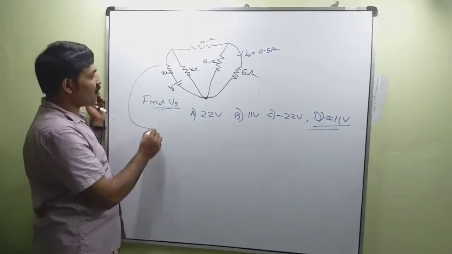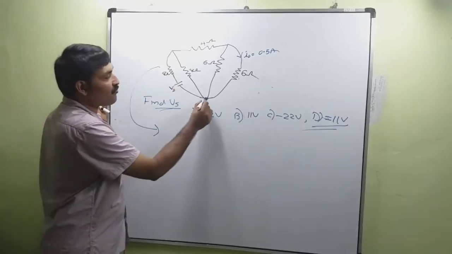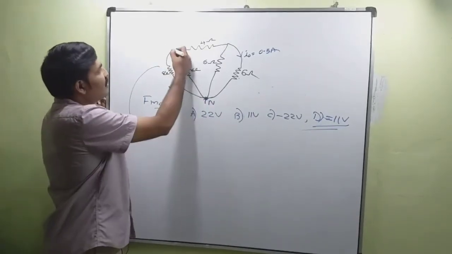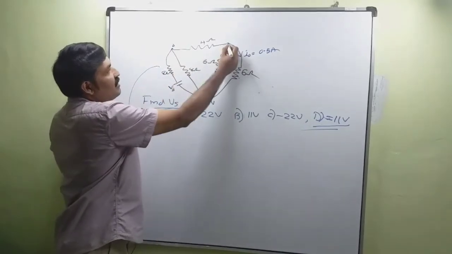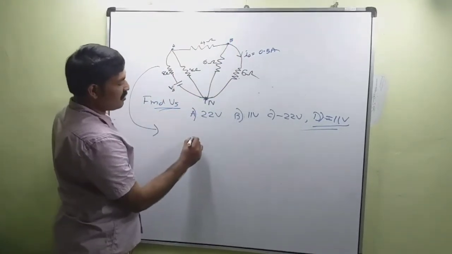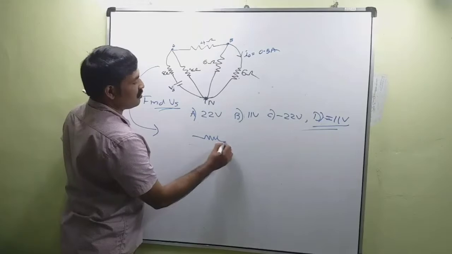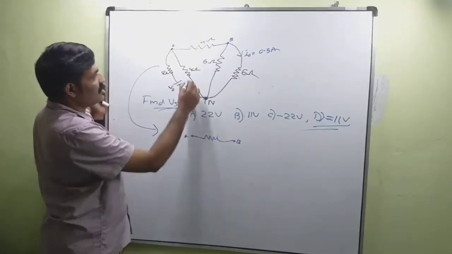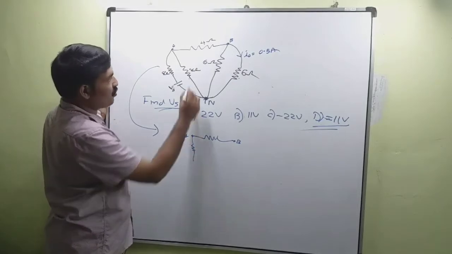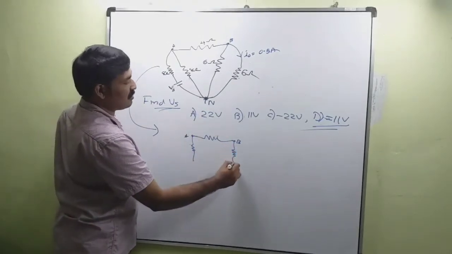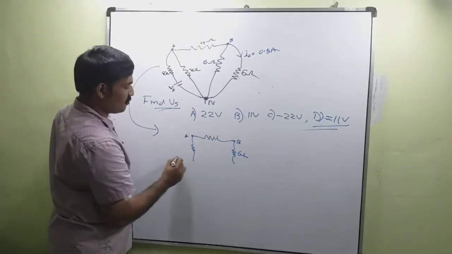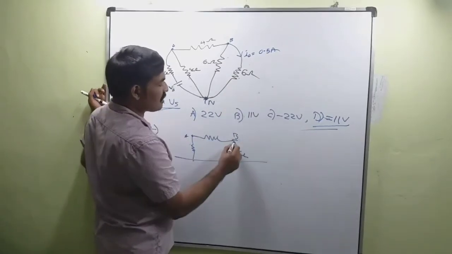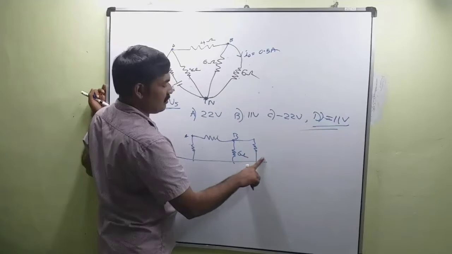I am going to redraw the circuit, with a reference node N. Now, let this be node A and node B. So we can draw node A, this is node B, here 8 ohm, here 6 ohm, and the 6 ohm is connected in parallel.